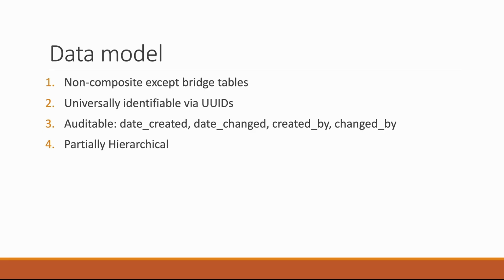Then we have hierarchy. Now it might sound strange. This is a relational database, not a hierarchical database. Then why do we have hierarchy? It's not completely hierarchical. OpenMRS is partially hierarchical, meaning if you have a row and you make a change to that row, the first row will not change.